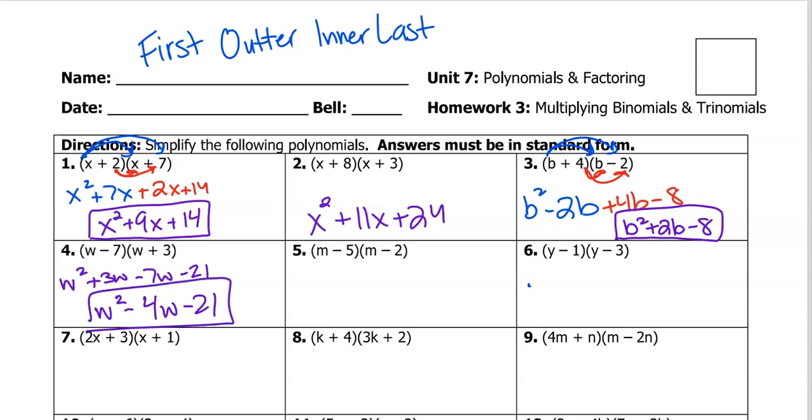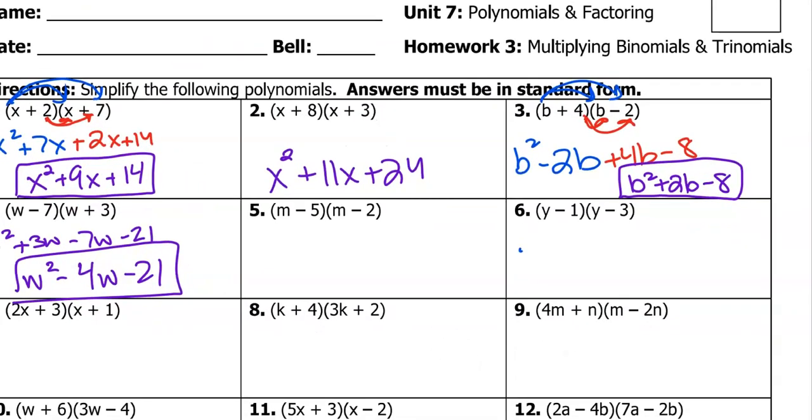How are 5 and 6 different? We have 2 subtracting ones, right? Let's do one of these. Do you want me to do 5 or 6? Doesn't matter. Pick one. All right, 5. So order stays the same. My first piece says m times m. M to the power of 2. M times -2. -2.